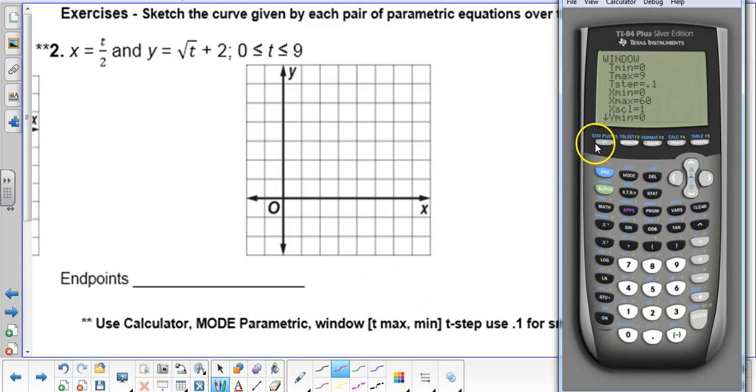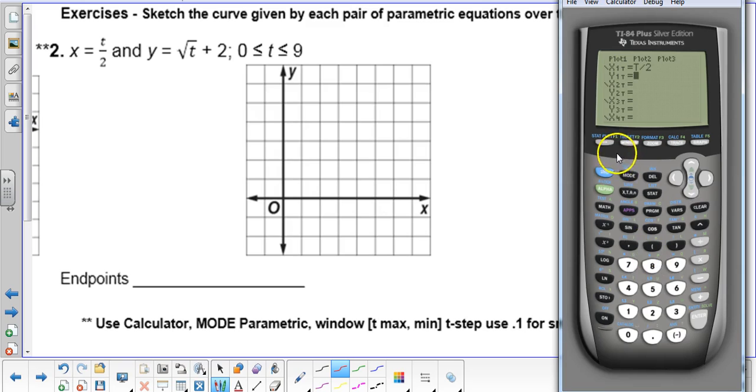Second thing I want you to do is hit your Y equals button. Now I got some crazy business in here. This says enter an X equation in terms of T, and then a Y equation in terms of T. So for X, we're going to type T divided by 2. I'm going to scroll down or hit enter.